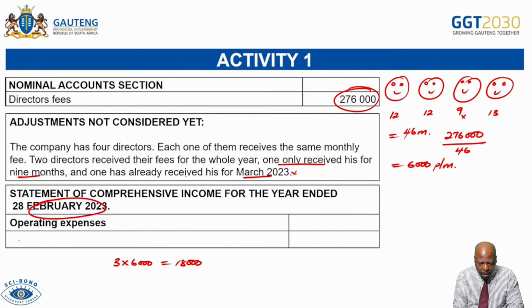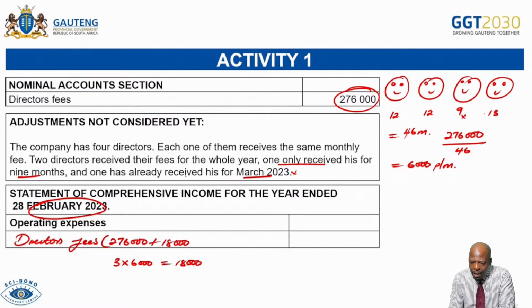So I'm going to come here and I'm going to say director's fees. And I'm opening my bracket and I'm going to say 276,000. And we have one that we owe 18,000 plus 18,000. And then we have one director that we've paid 1 month in advance. That means we've paid him 6,000 in advance.